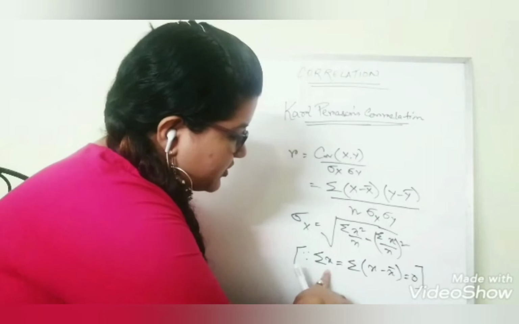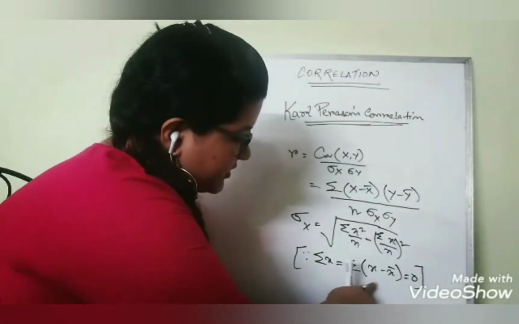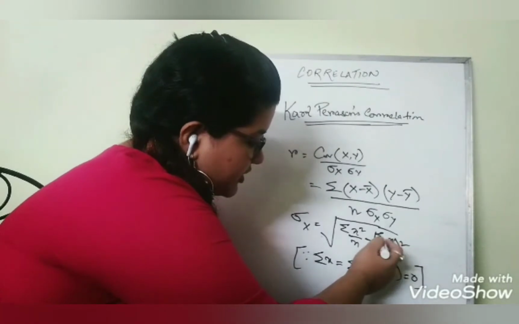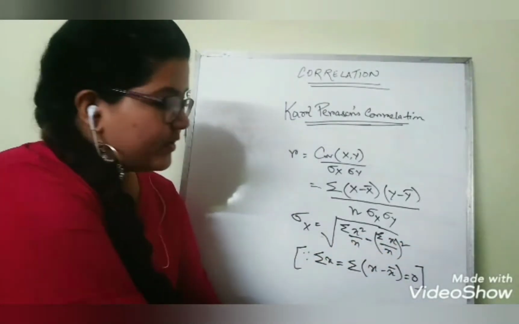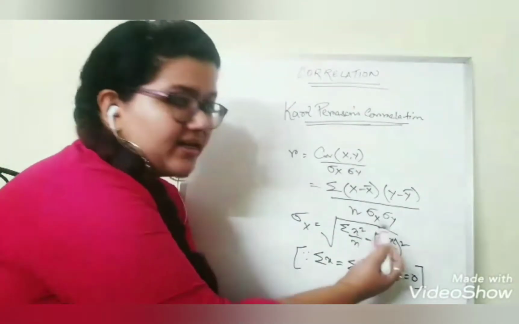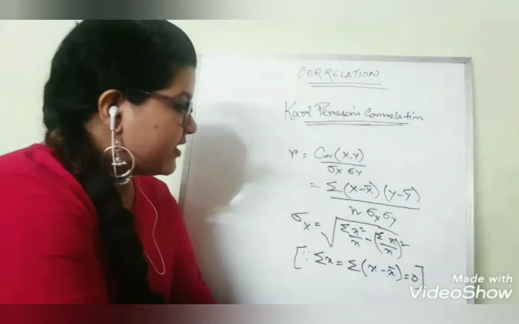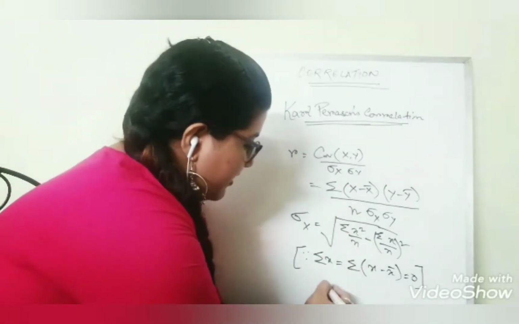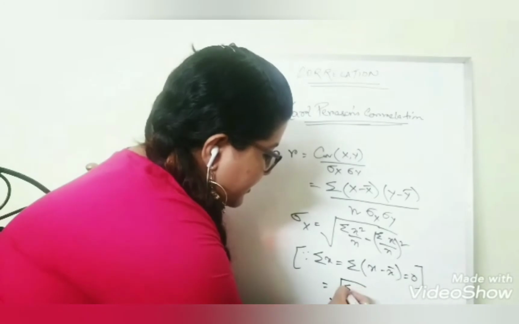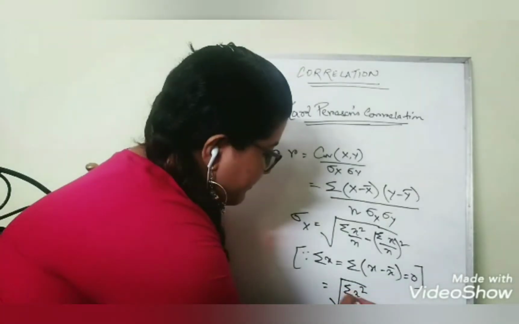So if summation x is equal to summation x minus x bar is equal to 0, then in this case this summation x will become 0. So 0 by anything is 0. So this entire thing will get eliminated, right? So what will be left? So our sigma x will be equal to root over summation x square by n.